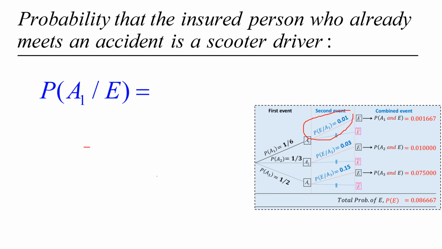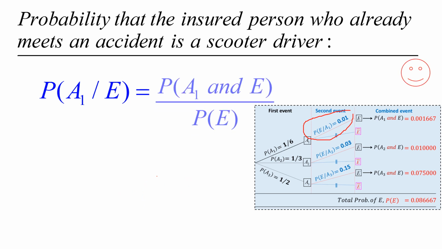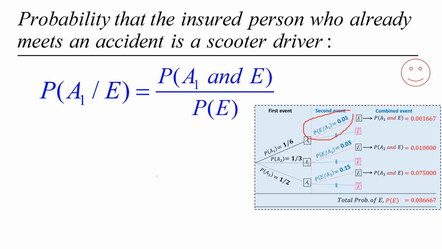So I think you have got this point. Right now we are going to write the answer like this: P(A1 and E) divided by P(E). What does this mean? This is the favorable outcomes, and this is the total possible outcomes.